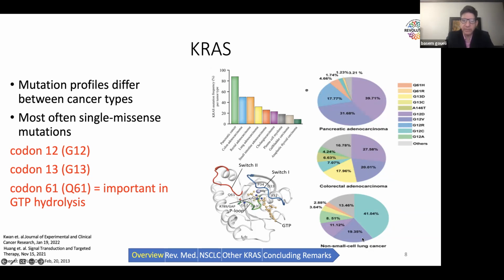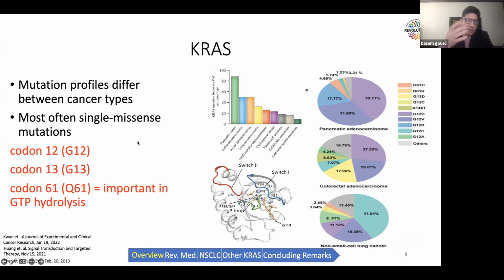In contrast, if you look at non-small cell lung cancer, a significant number have the G12C variant, which is why everyone's using that KRAS G12C inhibitor in lung cancer, because there's a predominance of KRAS G12C mutations in non-small cell lung cancer. Just for completeness, if you look at colorectal cancer, about 28% of them have a G12D mutation, and roughly 20%, sorry, have a G12V mutation. So that's important to recognize.